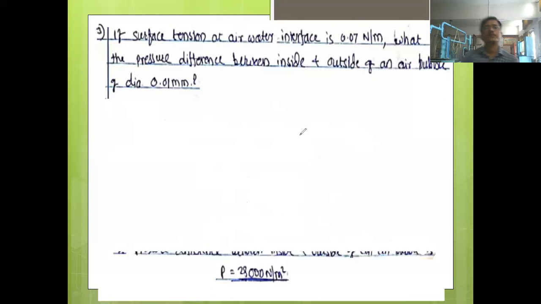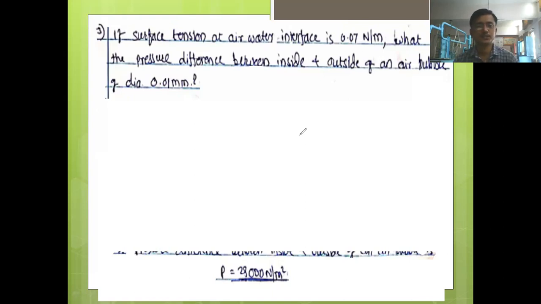Write down the problem. If surface tension at the air-water interface is 0.07 Newton per meter, what is the pressure difference between inside and outside of an air bubble of diameter 0.01 mm?